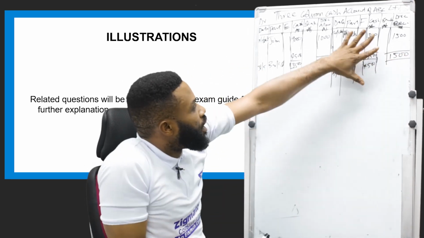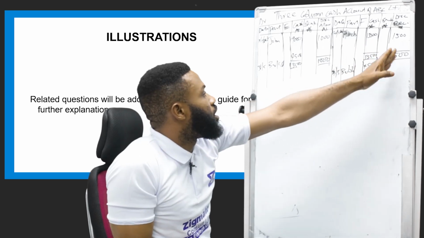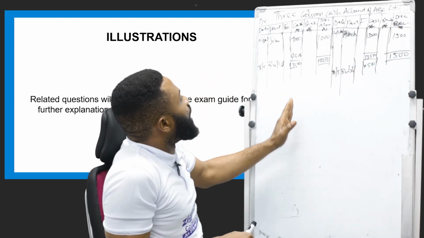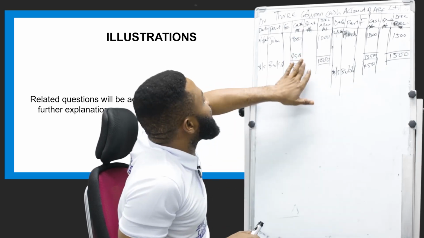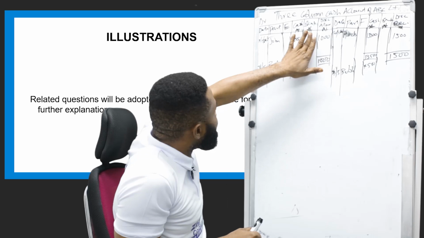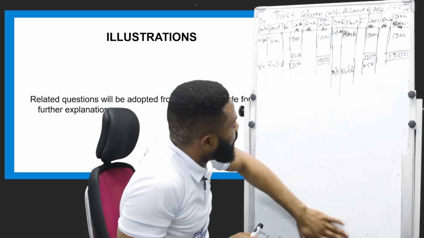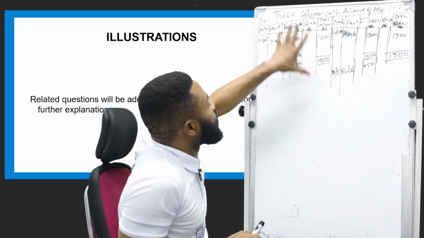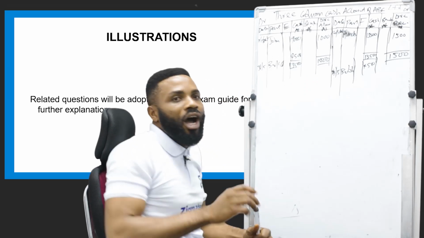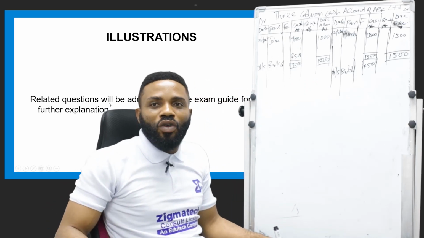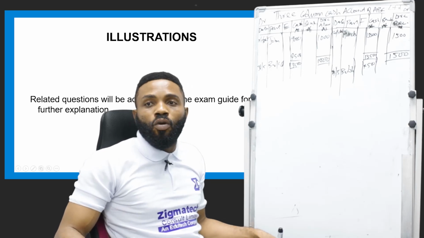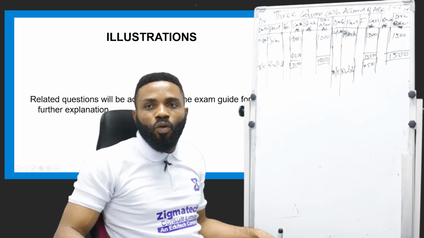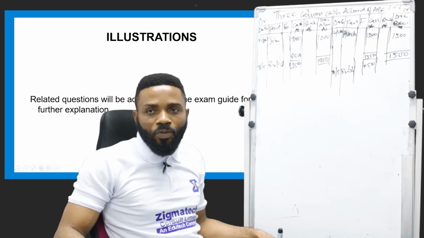This is just the difference between the discount column and the normal cash or bank column. If you've had transactions on check, then it will enter here. But the transactions we are working with were just on cash. That is why we have it here. Now, I haven't explained it like that. Let's quickly take a leaf to our exam guide to check more questions to further explain what we have done so far.